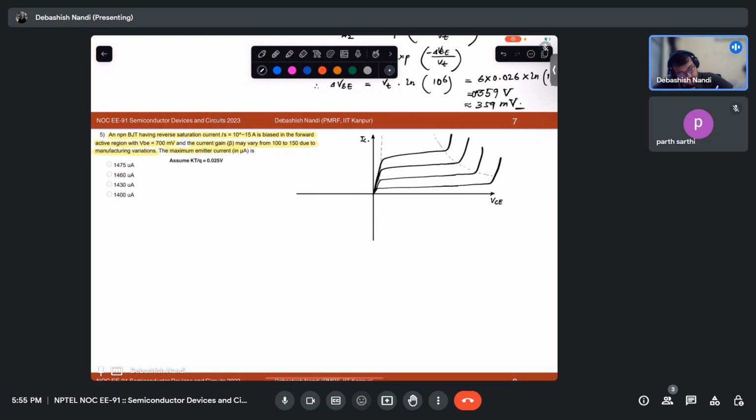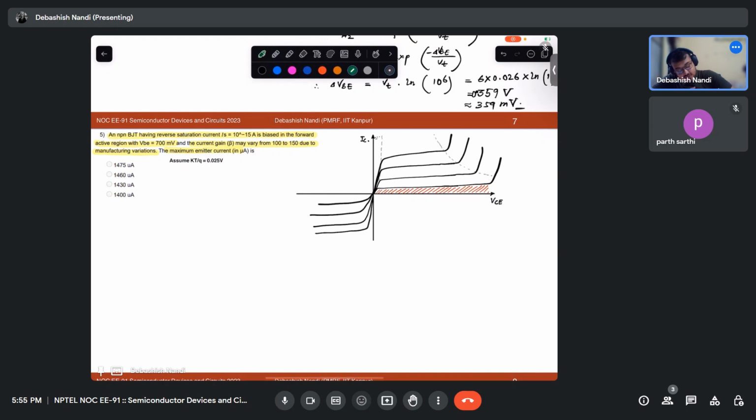And also it will have this kind of characteristics. Can you tell me what are the regions of operation here? Let me mark the regions, and also tell me what are the conditions on the junction or the bias condition on the junction.